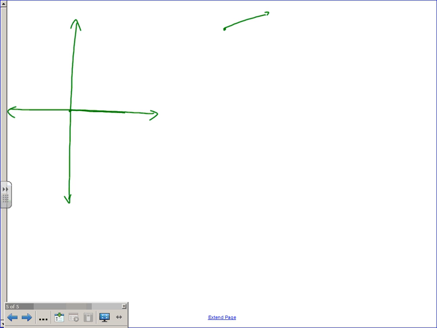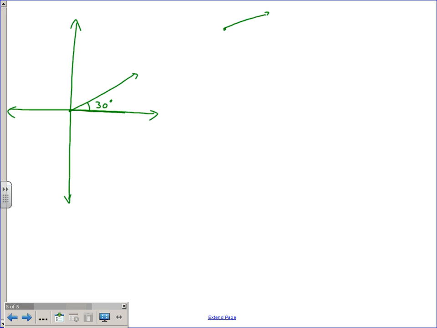Just take that ray and run it up this way so that this angle here is 30 degrees. That's a 30-degree angle. We're going to run this, by the way, counterclockwise. Okay, that's a 30-degree rotation.